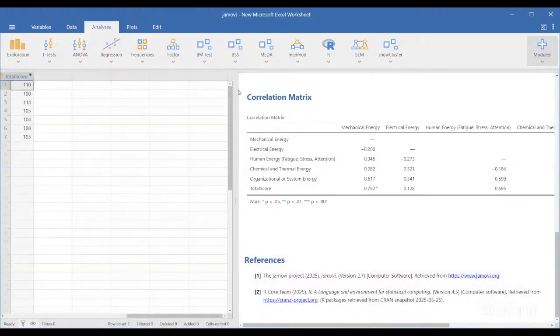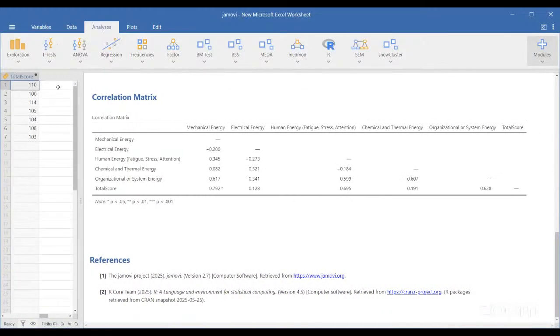So the result shows mechanical energy and the fatigue, stress and attention, these two variables, they are contributing high. Energy release. Okay. Only two variables are there. Maximum is the mechanical energy and next is the human energy.